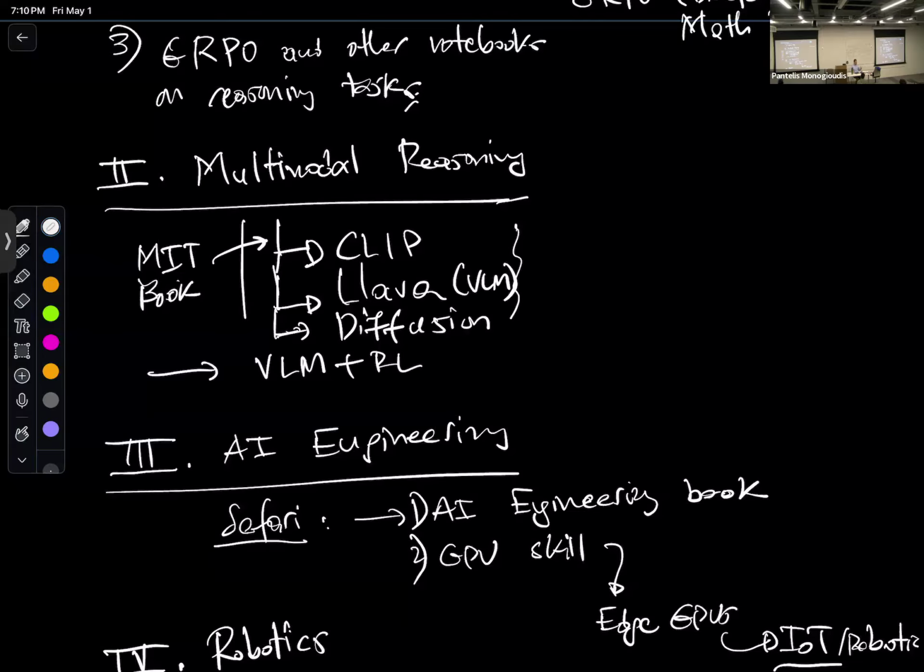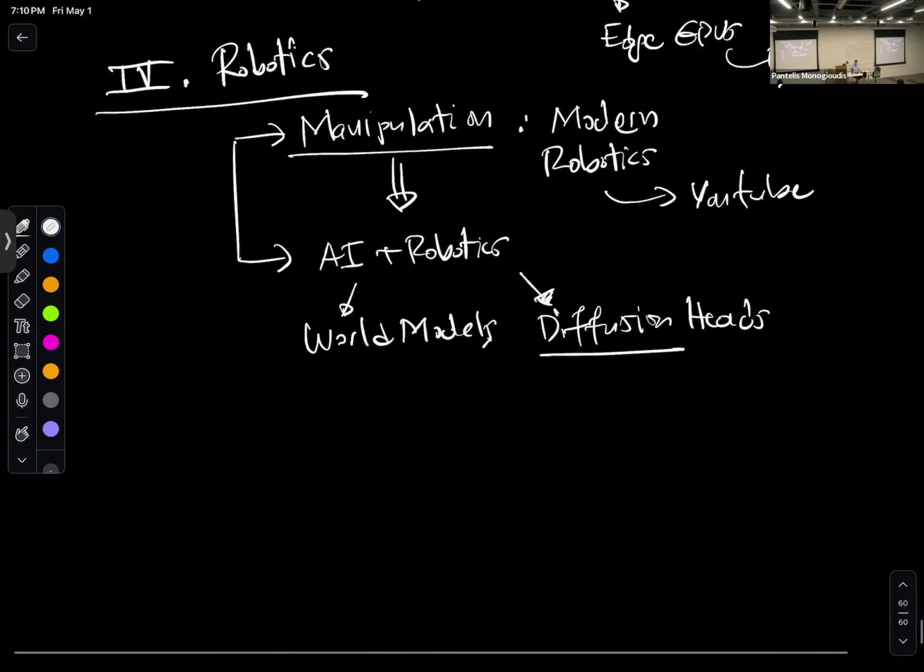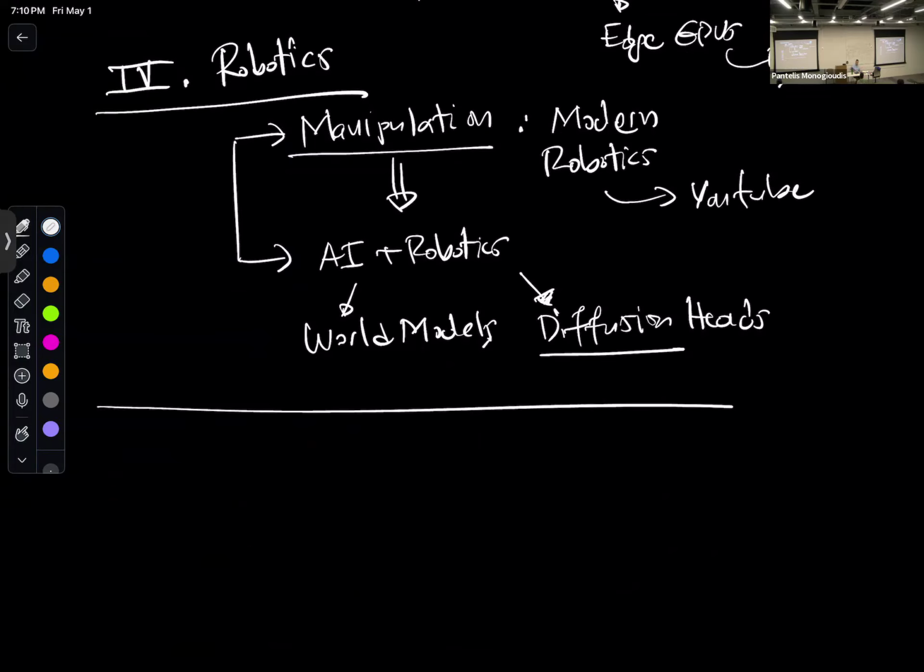However, the underlying principles of diffusion are used in robotics and other domains. So you have to understand diffusion as a principle before you apply it over there. This is basically policy optimization approaches using diffusion heads. So that is basically the laundry list.